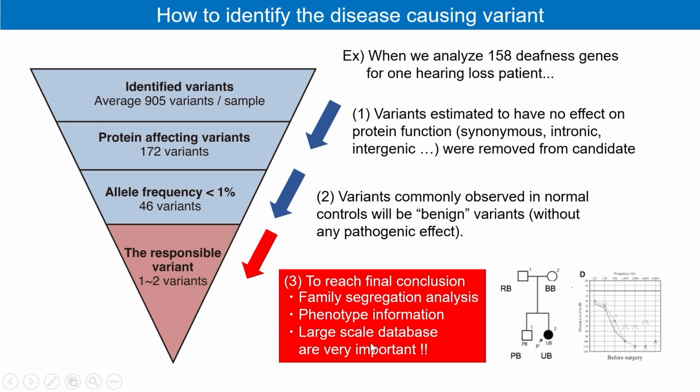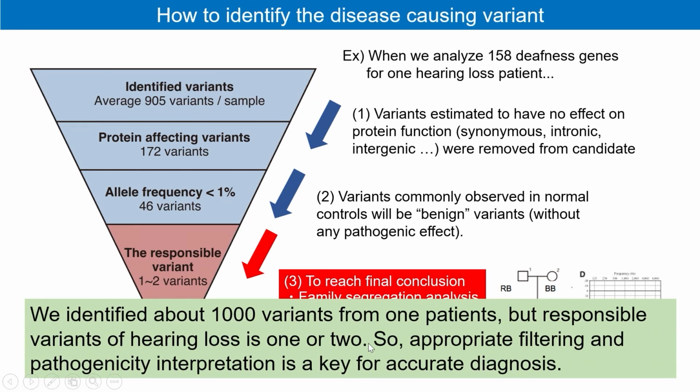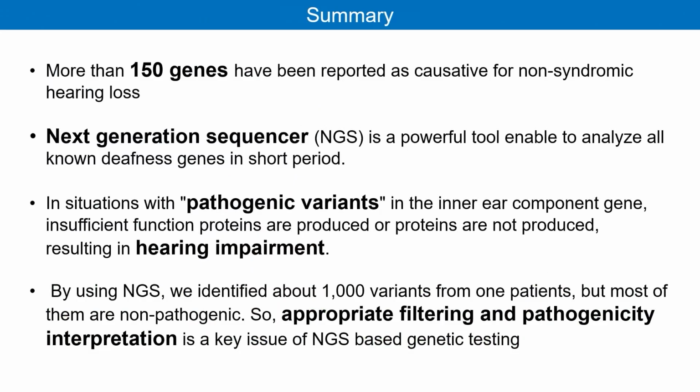We have already analyzed 20,000 patients. So we identified about 1,000 variants from one patient, but the responsible variant for hearing loss is 1 or 2. So appropriate filtering and pathogenicity interpretation is a key issue for accurate diagnosis. Thank you very much.